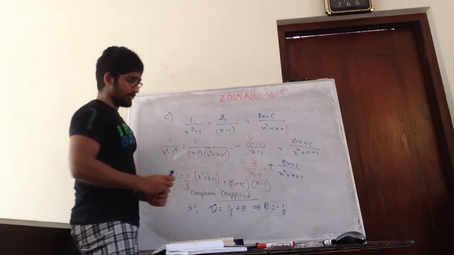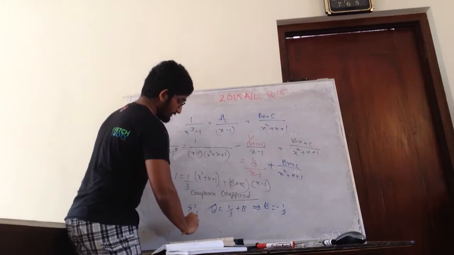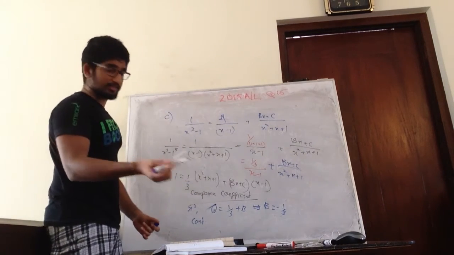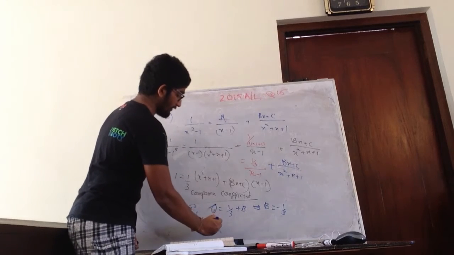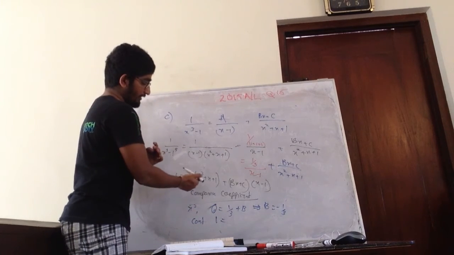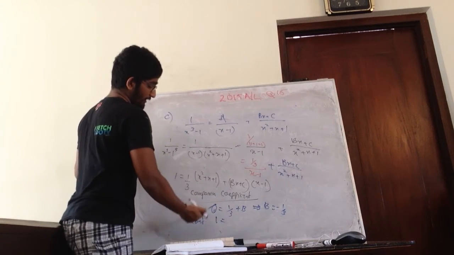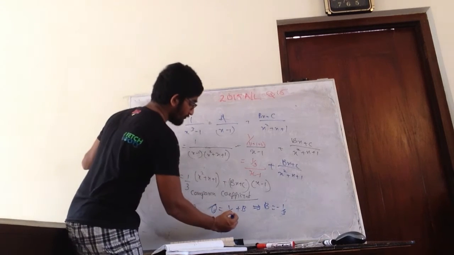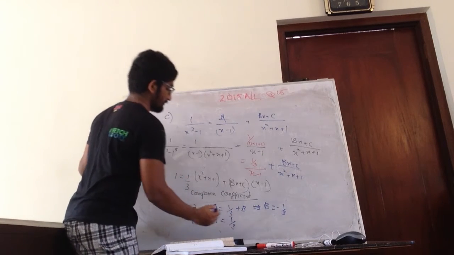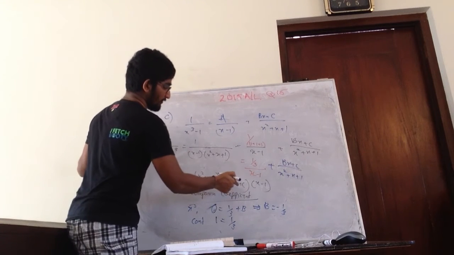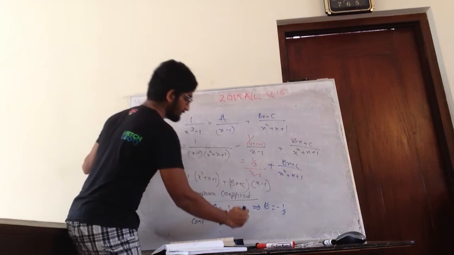Clear? No? Then what I am going to compare is the constant, or basically when x equals 0. So that is 1 in the left hand side. In the right hand side, this part is going to be 1 over 3 plus, when x equals 0, remaining is minus c.